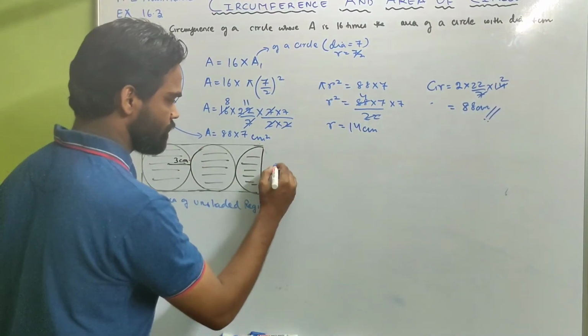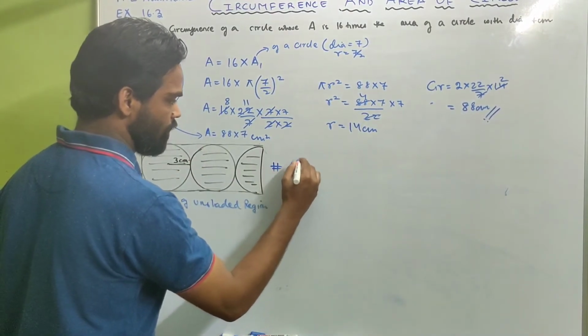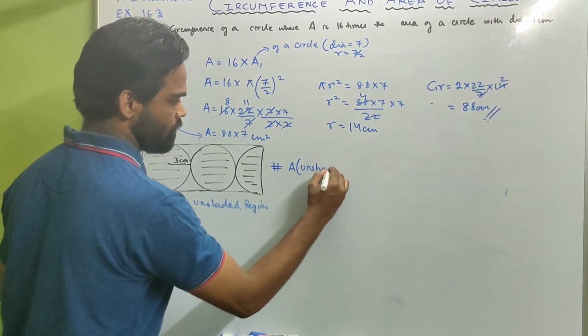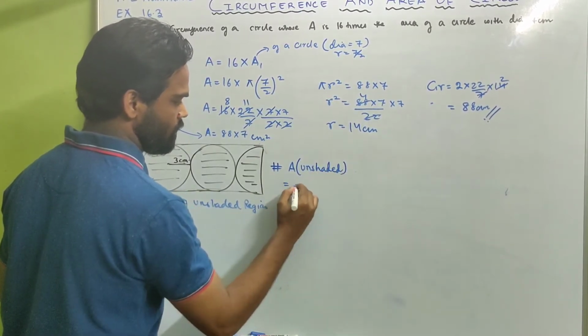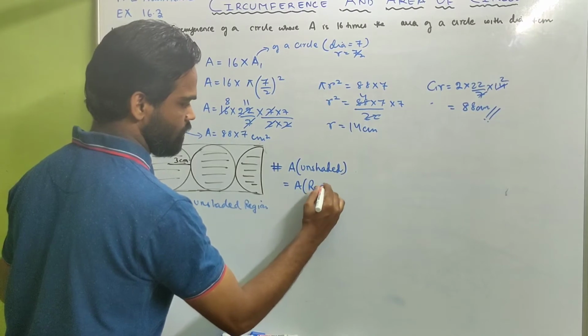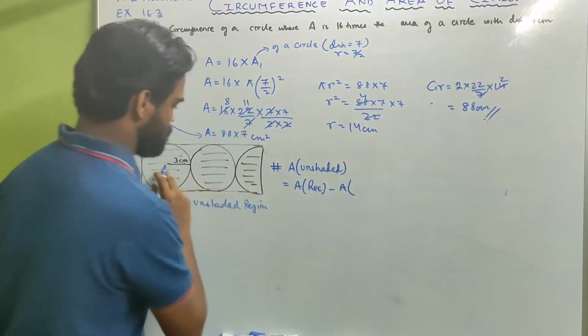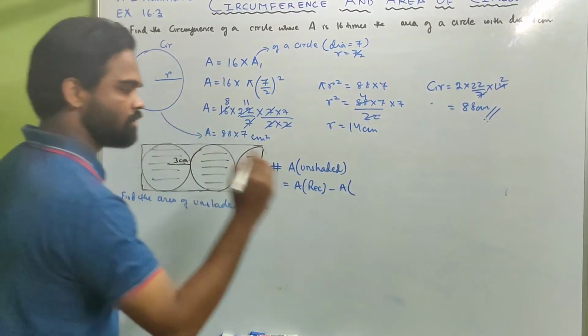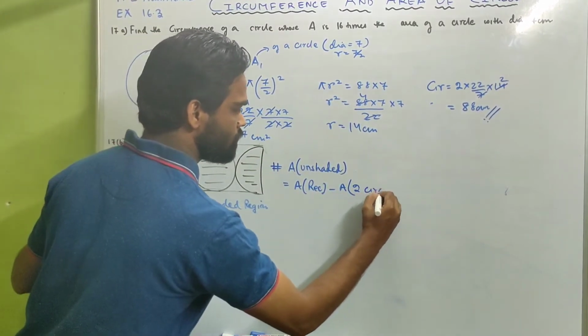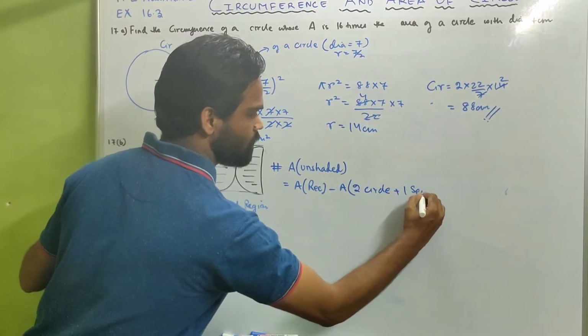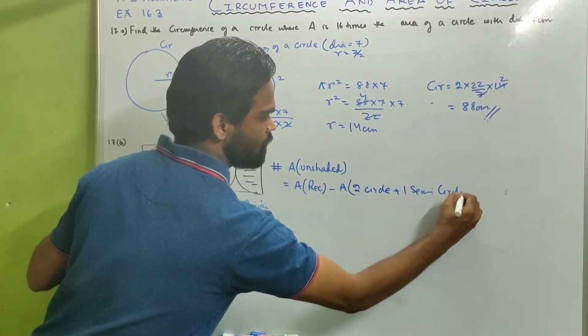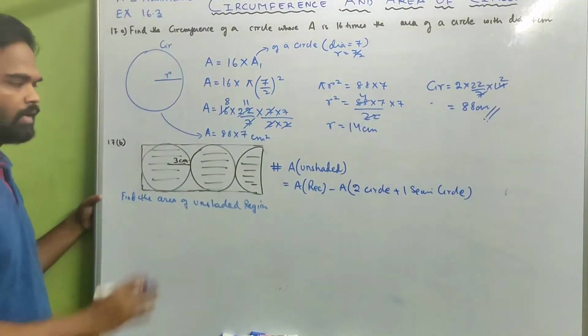Simple. See, area of unshaded region is clearly area of rectangle minus area of 2 circles plus 1 semicircle, isn't it? Area of rectangle.